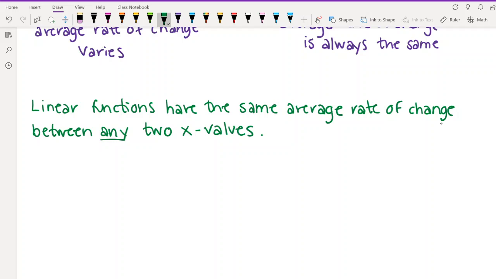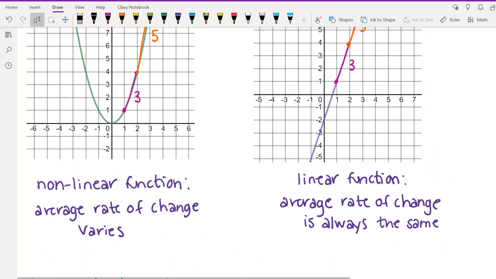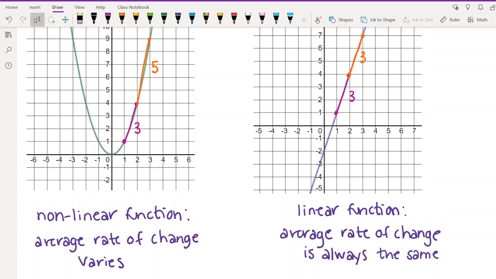And so because the average rate of change is always the same, we don't really need to call it the average rate of change. The reason we called it the average rate of change for nonlinear functions was because, remember, for a nonlinear function, it's kind of an approximation. We saw some examples of this in our average rate of change video. Depending on what your function is, the average rate of change might not approximate the graph that well. So it's just an average. It's just kind of telling you the general trend.